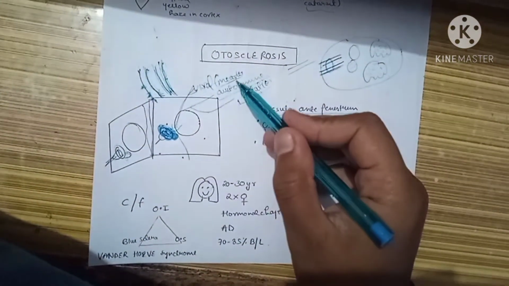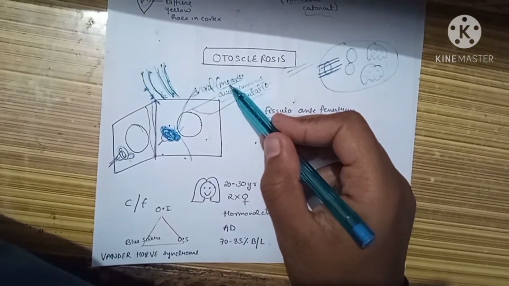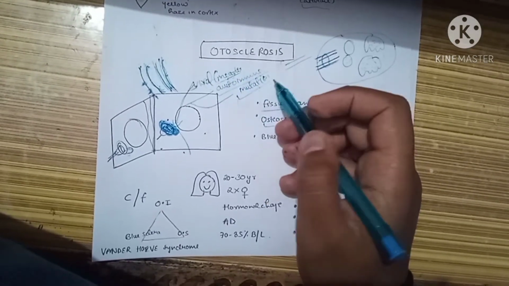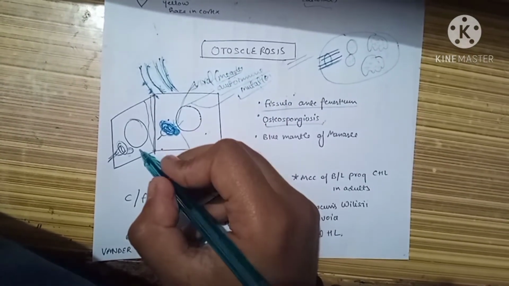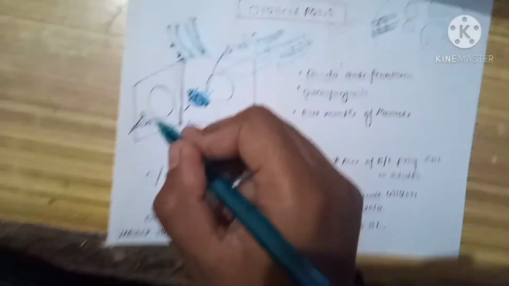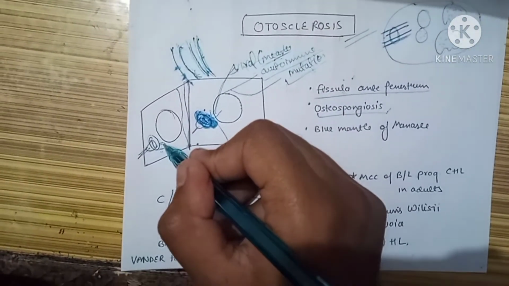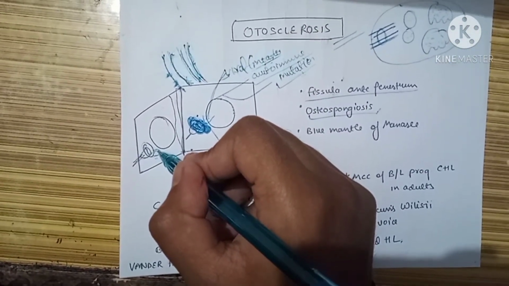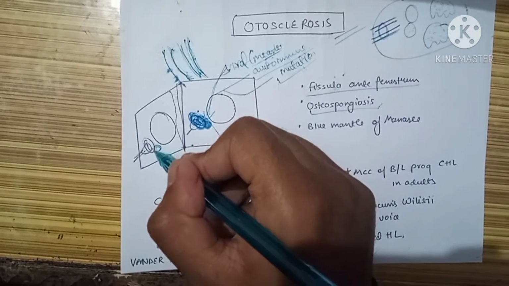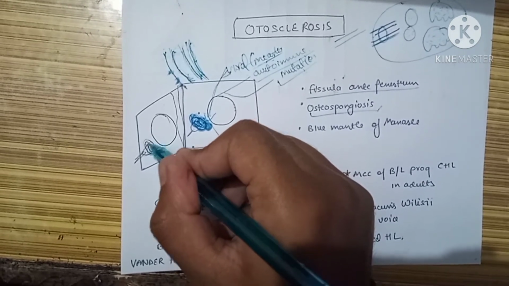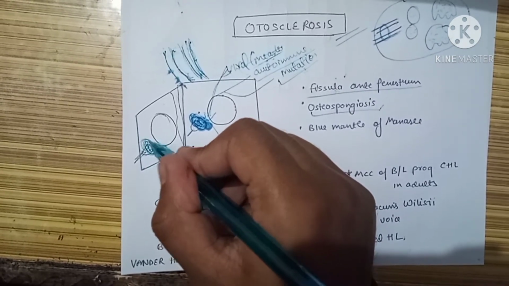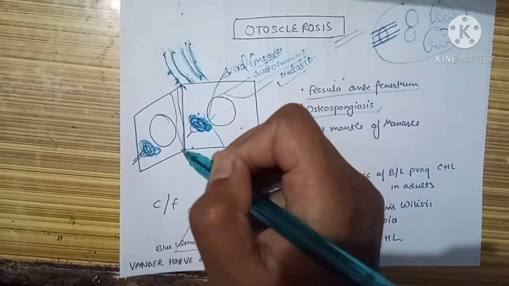After there is a trigger, due to a viral infection, post measles, or autoimmune cause, or a mutation, this area of cartilaginous rest is activated, and here the cartilage starts proliferating and covers the oval window as shown in this diagram.